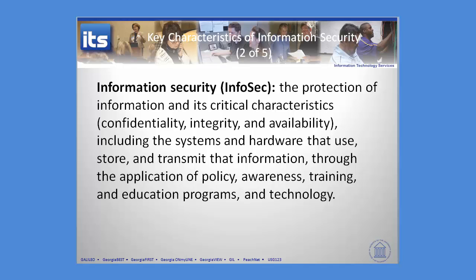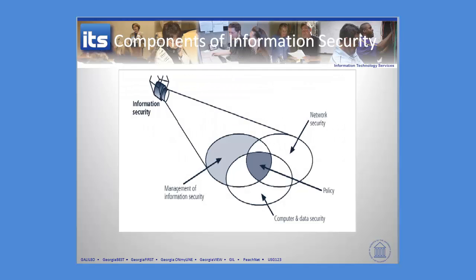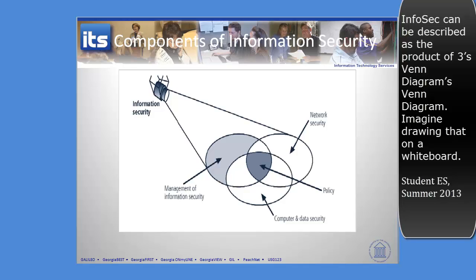All right? Important slide. All right, let's go to the next one. And what this is saying is security, you've got management, you've got policy, you've got that network piece, you've got the computer piece. It all kind of ties together, and it all has to work together. One piece by itself is not going to solve this problem.